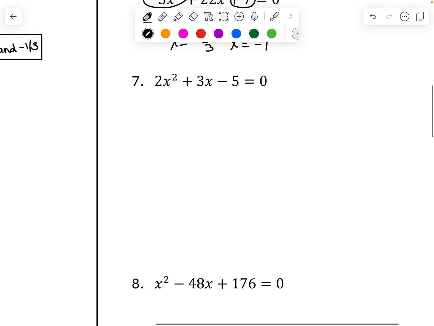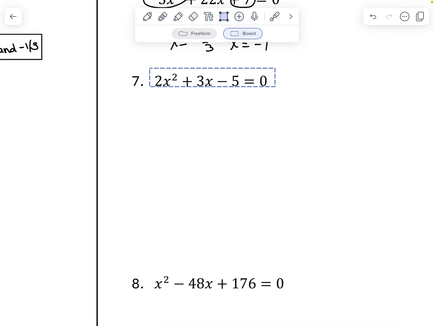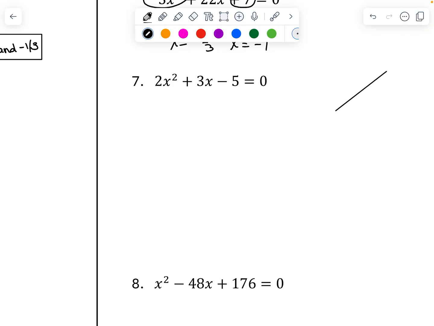So on this one, we'll do this both ways also. Okay, so by splitting the middle, which is probably the one that you guys like the most because that's how your algebra teachers taught it to you the past 3 years. So to split the middle before I make any mistakes, I first write this down. I'm going to write 2x squared plus 3x minus 5 equals 0.